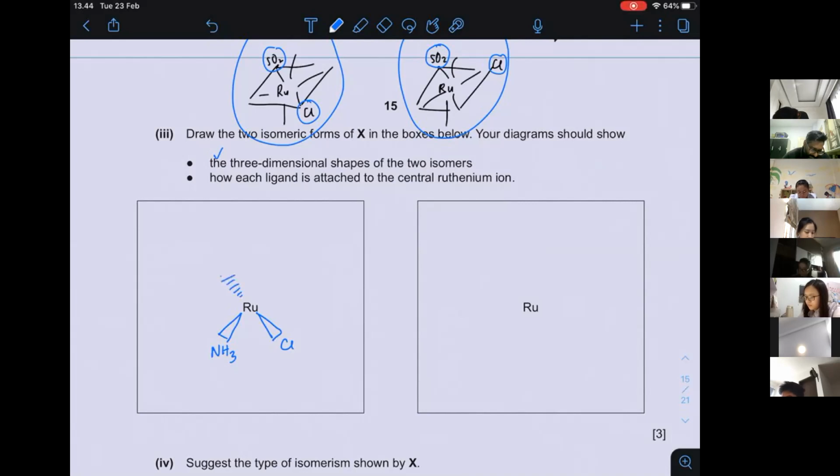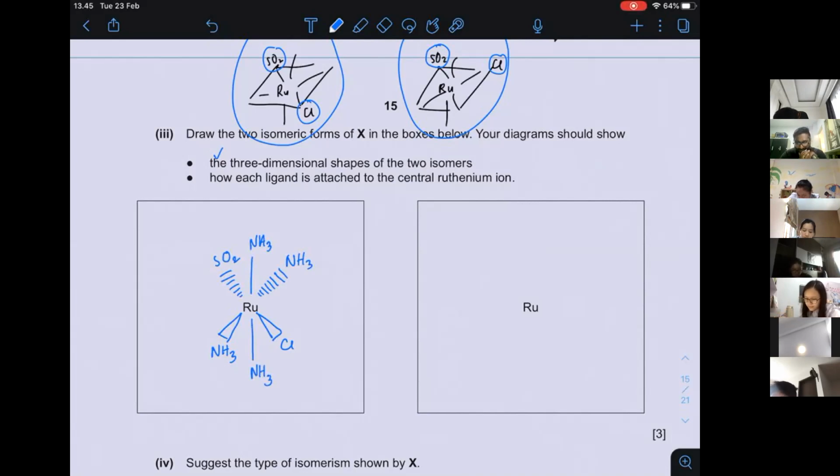I'm sure you've seen it many times already. And then this is SO2. And this is going to be ammonia, and this is going to be ammonia as well. Okay, this is how you draw.